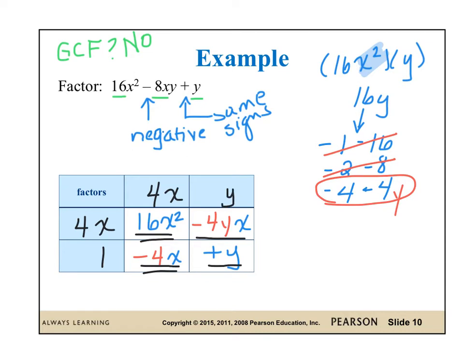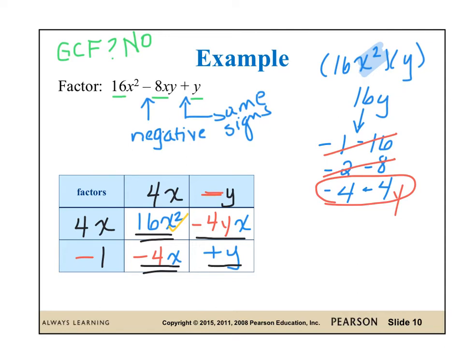Now we've got to figure out signs. So what we're going to do is we're going to start checking. 4x times 4x is 16x squared. No problem. 4x times y is going to give us negative 4xy only if the y is negative. And so we're going to make it negative. And then 1 times 4x will give us negative 4x once again, only if the 1 is negative, because the 4x can't be negative.